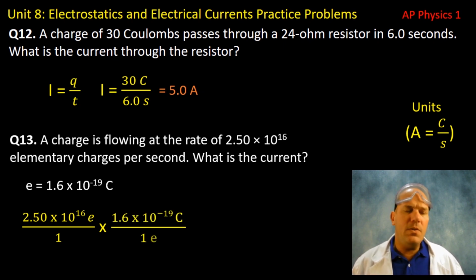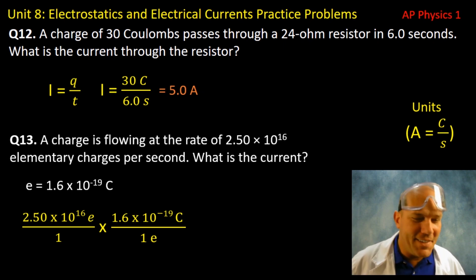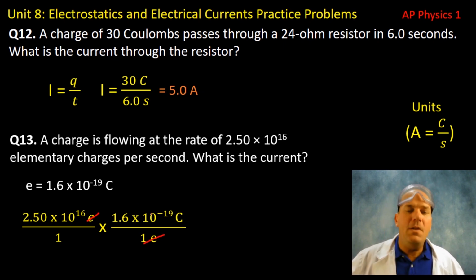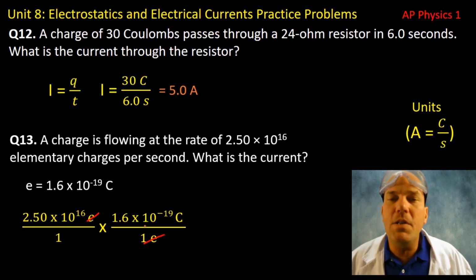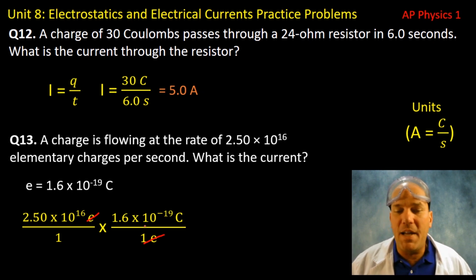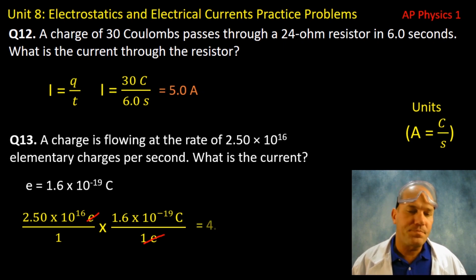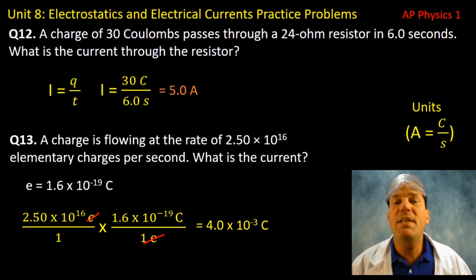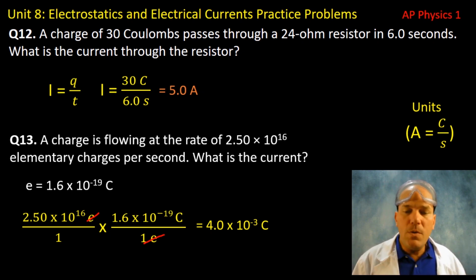Using some dimensional analysis here, each elementary particle has a magnitude of charge of 1.6 times 10 to the negative 19th coulombs, which means we have an overall charge of 4.0 times 10 to the negative third coulombs.